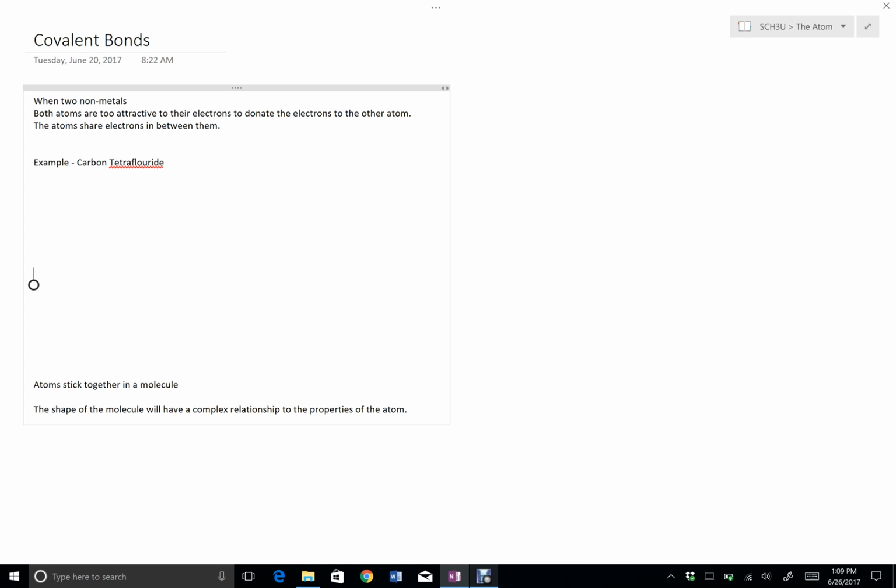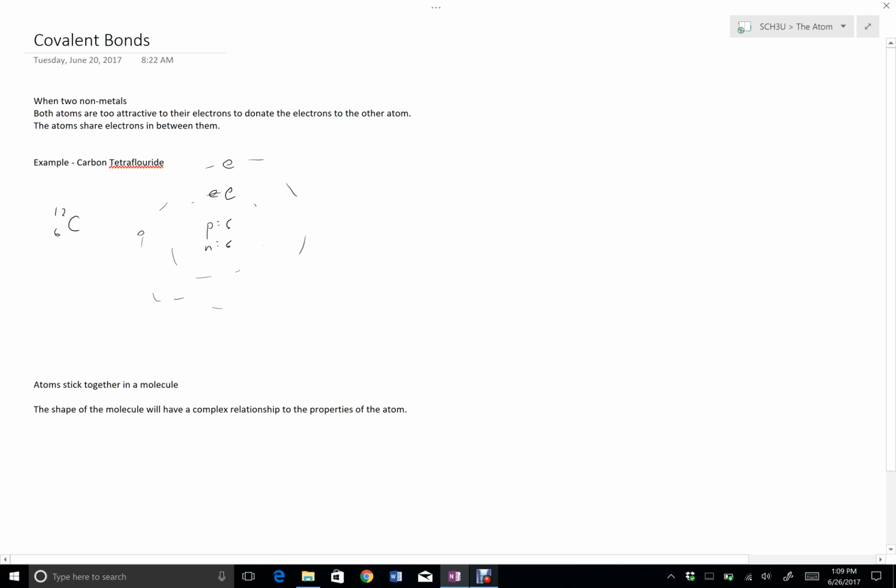So let's look at this from the perspective of their Bohr-Rutherford diagrams. First of all, carbon. Carbon is 6, 12, so its Bohr-Rutherford diagram is 6 protons, 6 neutrons, 2 electrons in the first shell, and 4 electrons in the next shell.